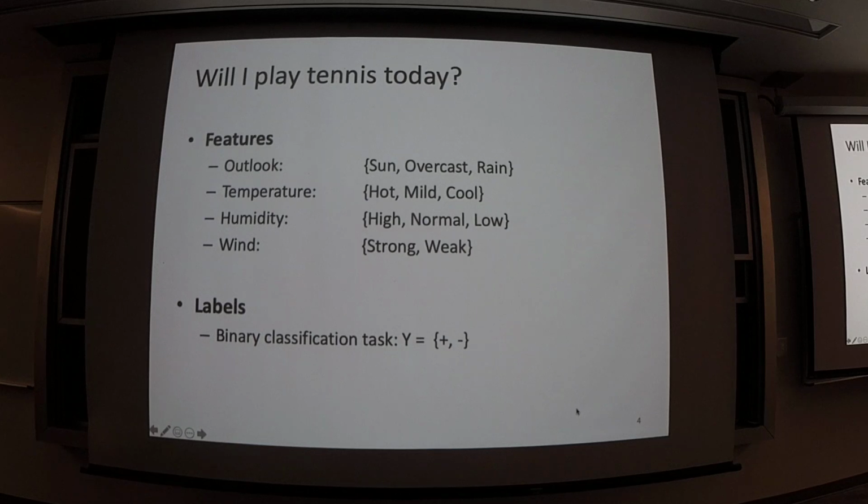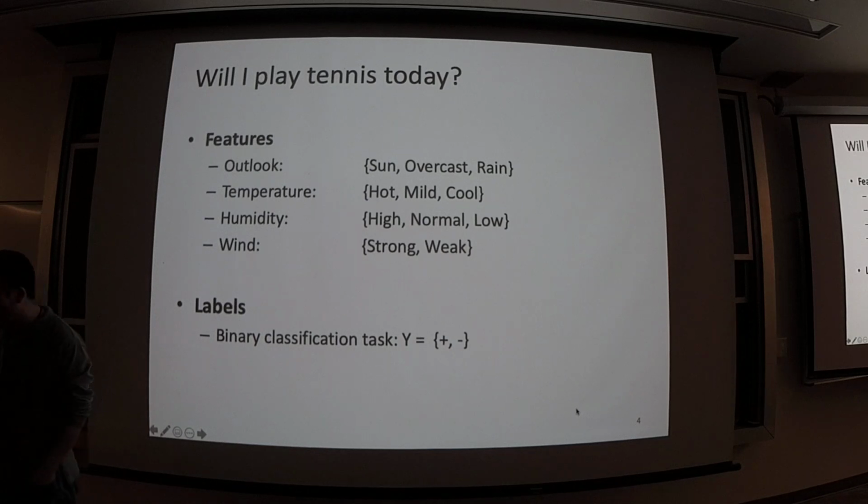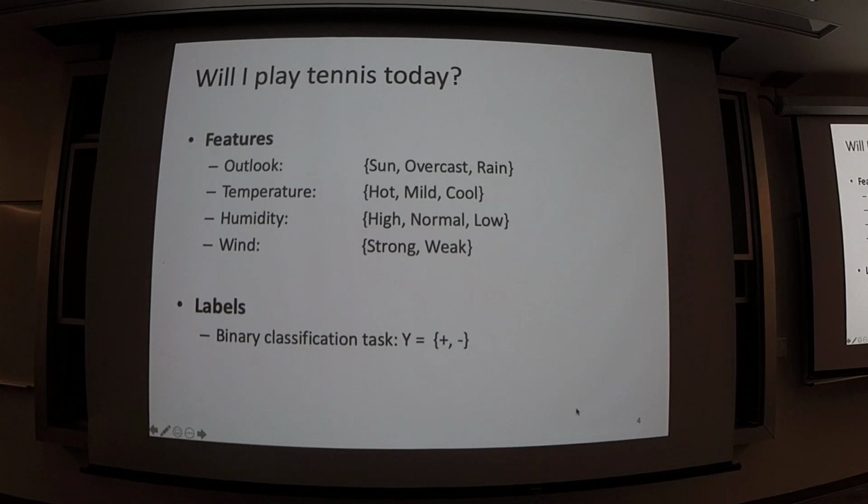To better illustrate the decision tree learning algorithm, we'll walk through a specific supervised learning task. The task is to predict whether I'm going to play tennis outside, given today's weather. Right? So how do we characterize the weather conditions today?